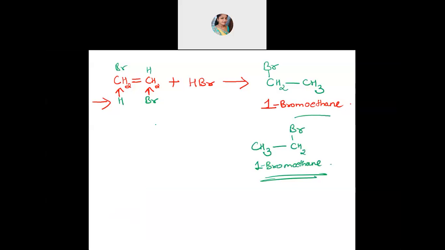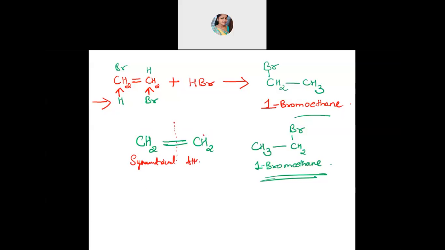So if your alkene is symmetrical, anywhere you add that hydrogen and bromide, the product will be same. Symmetrical alkene. Symmetrical means what? If I take a line and draw across a double bond, I will be getting equivalent groups on both sides. You see here, one side I'm getting CH2, this side also I'm getting CH2. So if you get the same group across the double bond, they are called symmetrical alkenes.